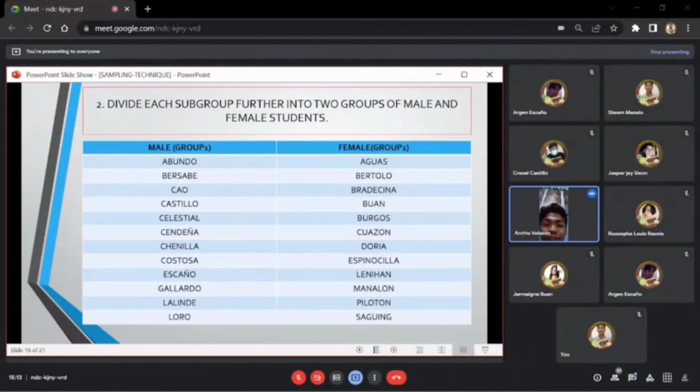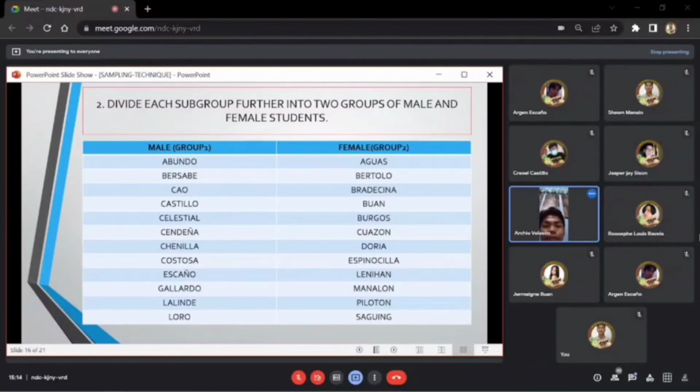In Group 1, males: Abundo, Bersabe, Cao, Castillo, Celestial, Sendenya, Chenilla, Costosa, Escaño, Gallardo, Dalinde, and Loro.